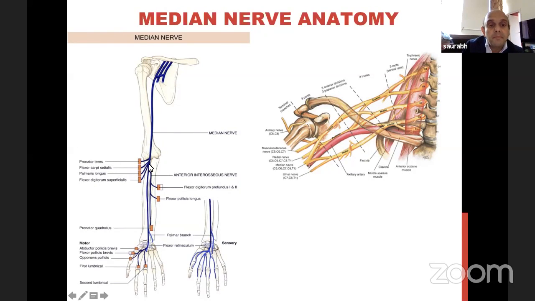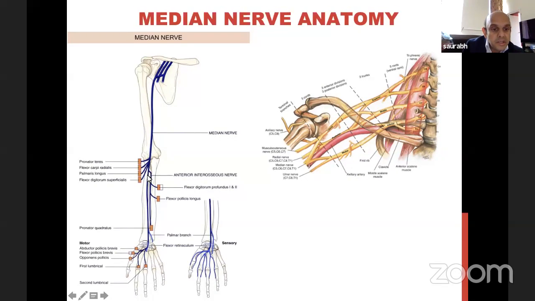Before it goes through the two heads, it supplies pronator teres. Remember that. As soon as it comes out of pronator teres, it gives off the anterior interosseous nerve, a pure motor nerve, which supplies FDP to the index and middle fingers, flexor pollicis longus, and pronator quadratus.